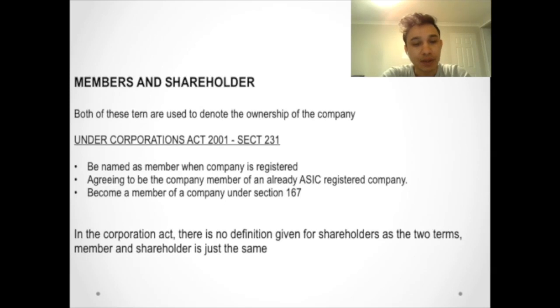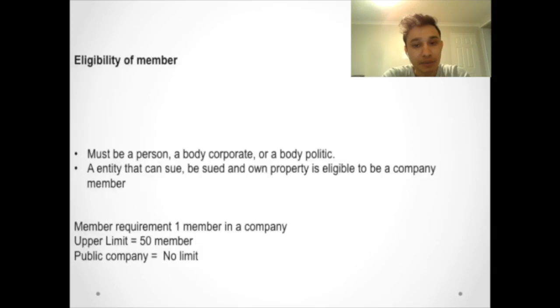Now, let's move to eligibility to become a member. In order to become a member of the company, the applicant must be a person, a body corporate, or a body politic. Examples include John Snow, King's Landing Private Limited, or State of Stark, respectively.